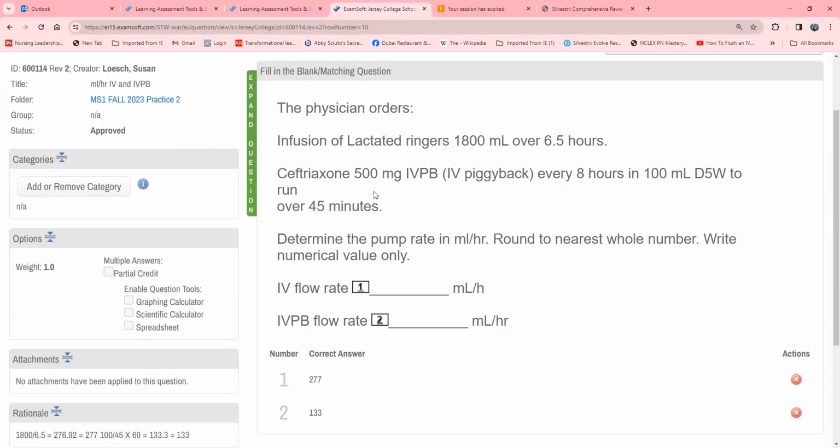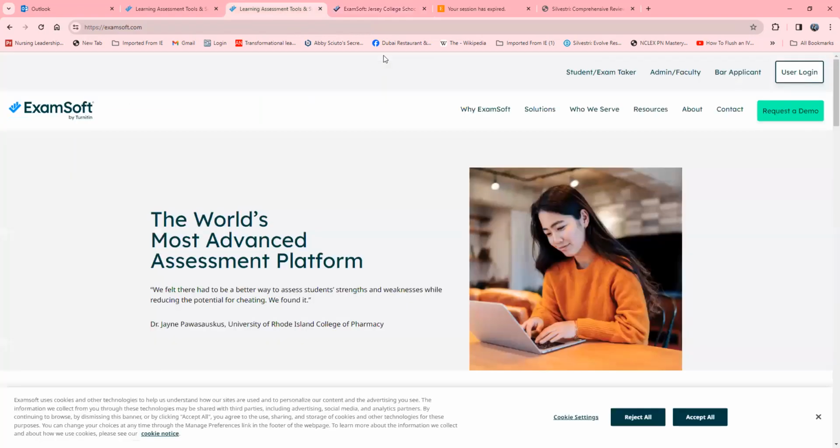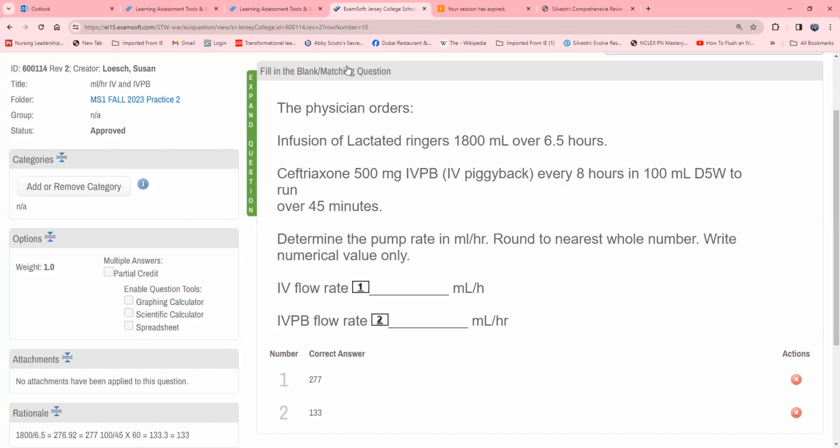Okay, so it was two different ways to do it, right? Because the first one, it was already in hours for you. Because again, you know where my focus went, Miss Loesch, for the 8 hours. Then I realized the 8 hours doesn't matter because you're talking about the 100 ml.